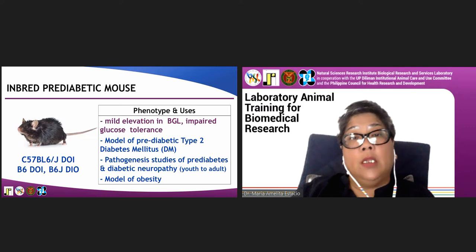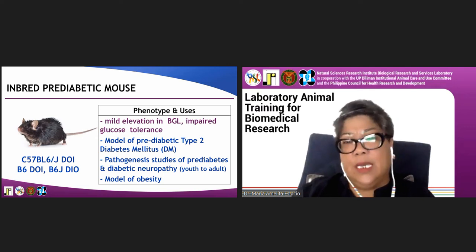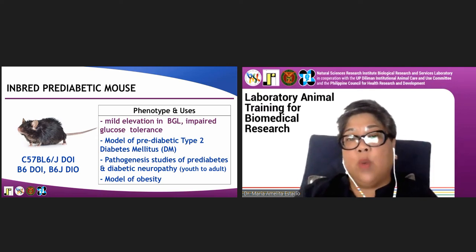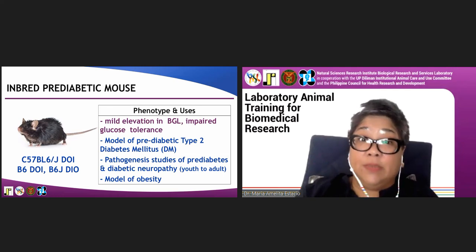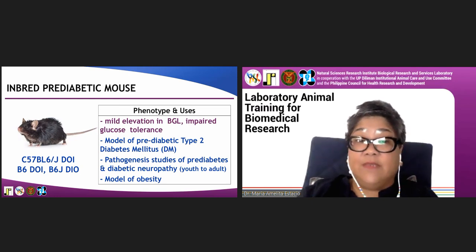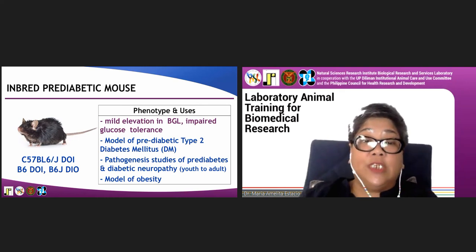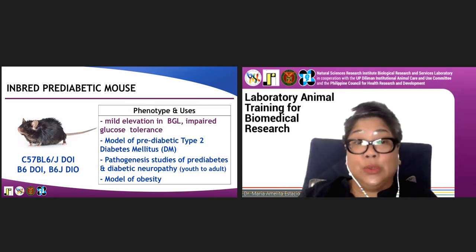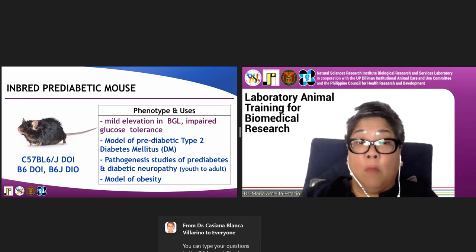Now, when we talk about the pre-diabetic mouse, we want this. Why? Because we want to catch the diabetes before it develops into a full-blown diabetes mellitus. And as I've said, the C57BL/6 or the B6 is the congenic strain that is being used for this particular modeling.